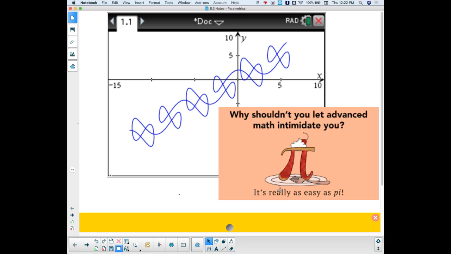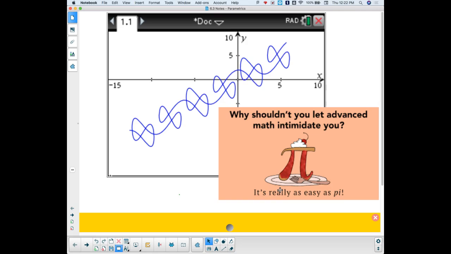We call it, though, a parametric equation. And we're going to start a section today about parametric equations. Now, you're used to Cartesian equations. An equation for a line, y equals mx plus b. An equation for a parabola, y equals ax squared plus bx plus c.